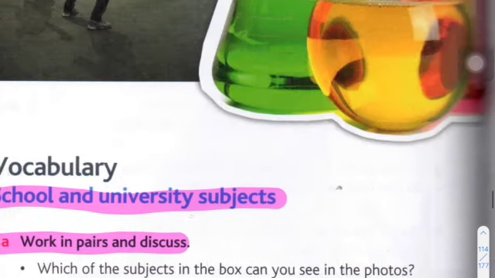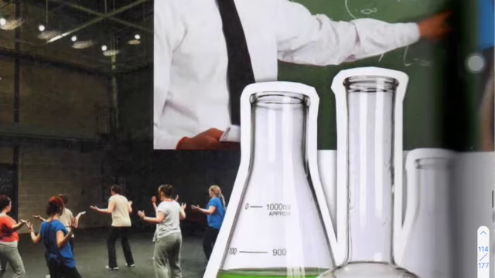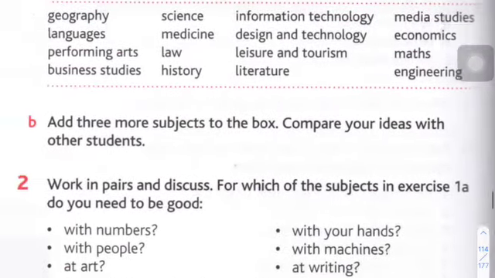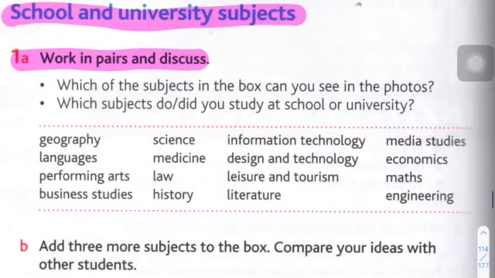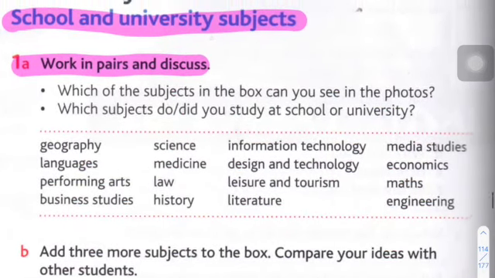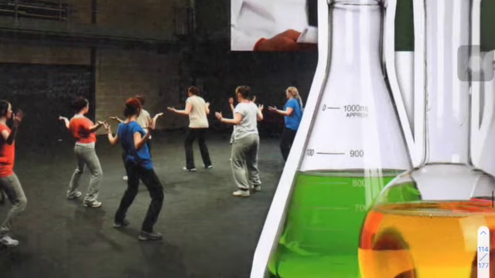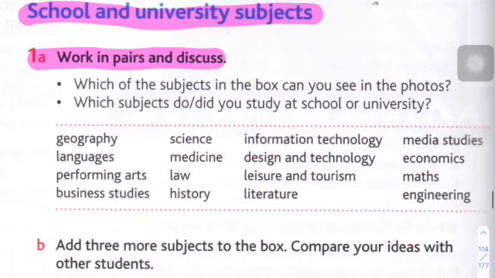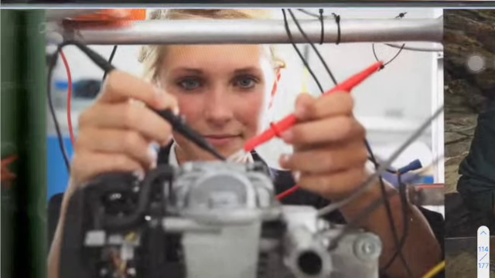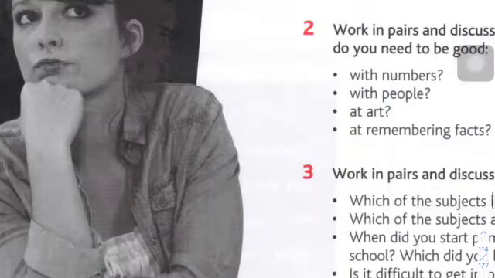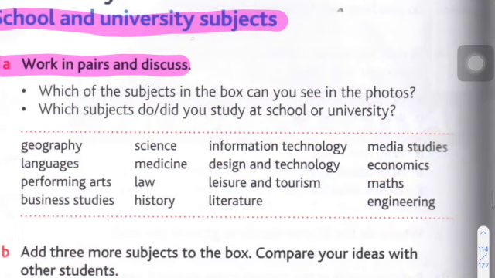So here we have some photos, some pictures, and here we have the names of the subjects, and what you have to do is to look at the picture and match the pictures to the corresponding word. Here there are more pictures, and here are the names of the subjects. So let's check them out.